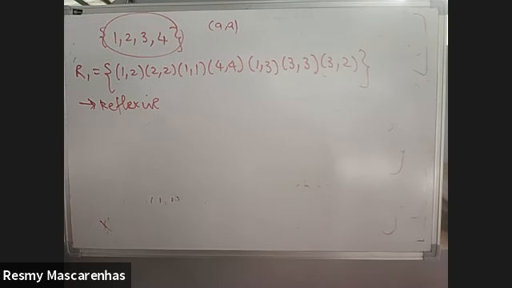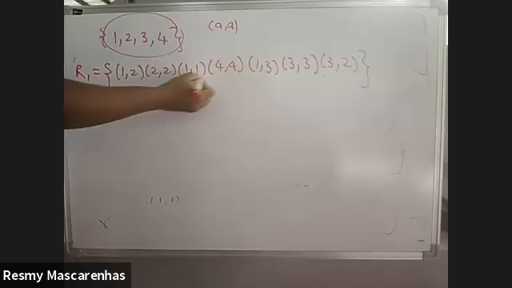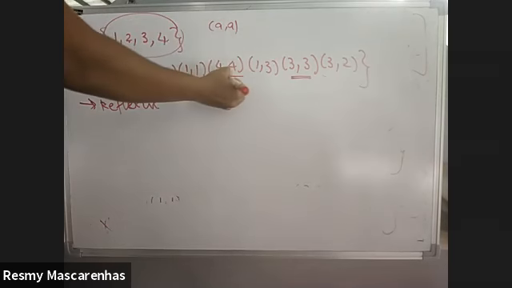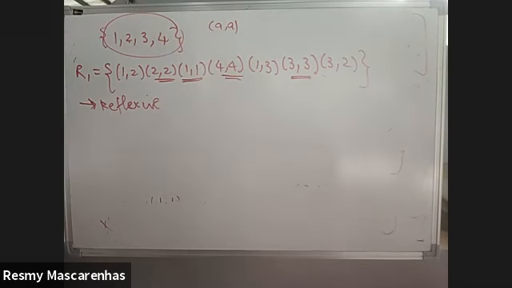Which are the main pairs? (1, 1). Is (1, 1) there? Yes. Then (2, 2). Yes. (3, 3). Yes. And (4, 4). Yes. So all the pairs are there. Therefore, reflexive.